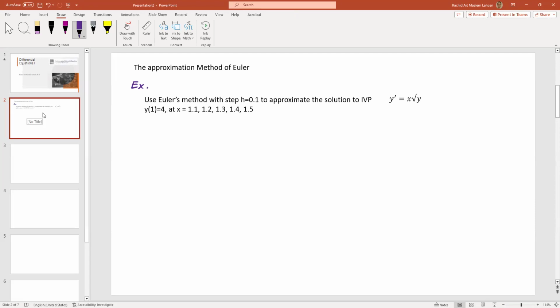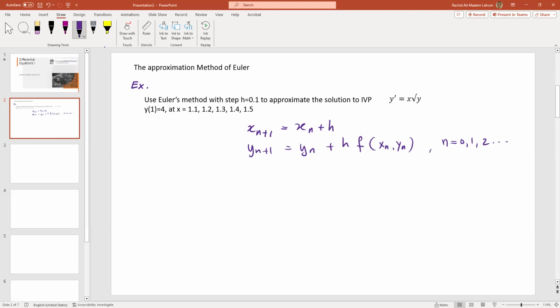All right. So if you look at the previous video, in Euler's process we have x(n+1) equal to xn plus the step h, and y(n+1) equal yn plus h times f of xn, yn, with n starting 0, 1, 2, and so forth.